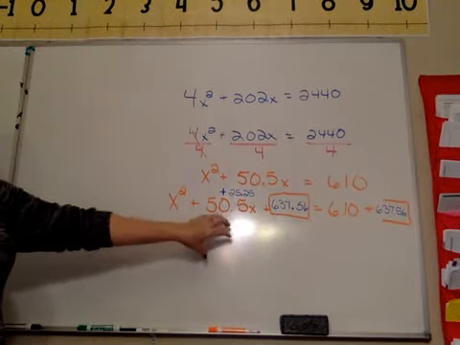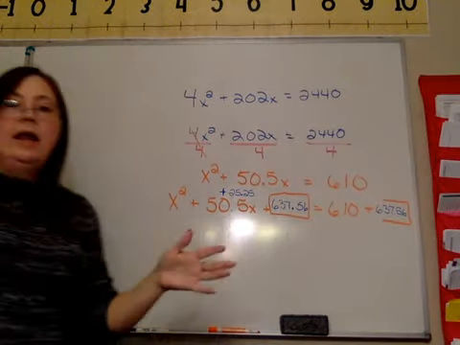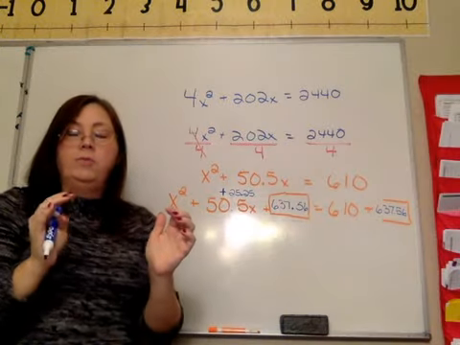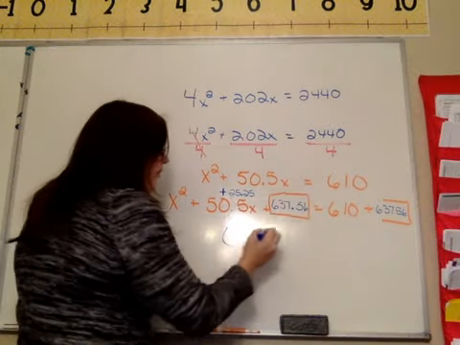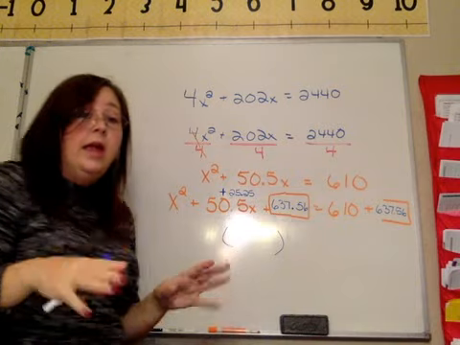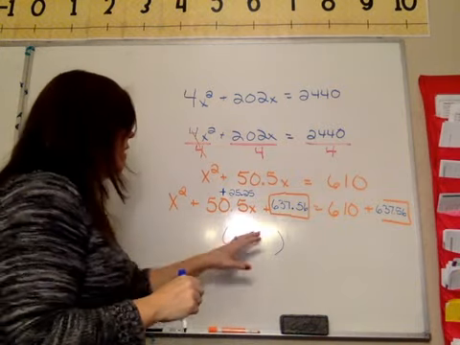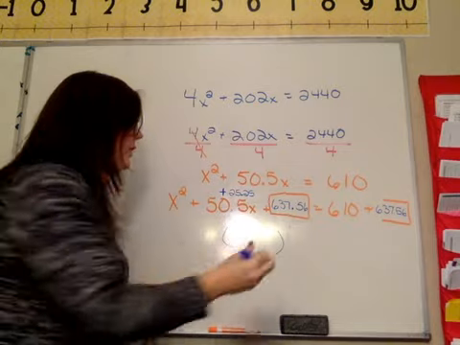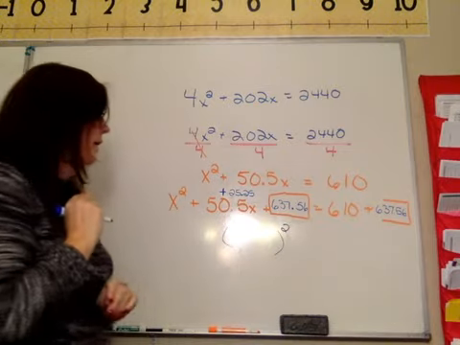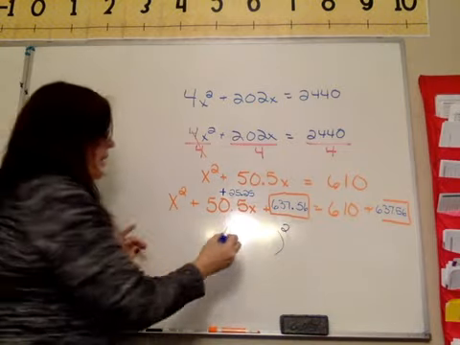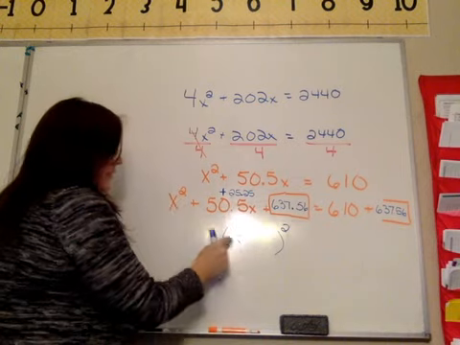Now, the second part of that was we were going to set up our parentheses. Remember, we don't have to write it down twice. We can, and it might sometimes help you to write it down twice. But we also have the option of writing it one time and squaring it. So this is what it looks like. What goes in here is our x, because x times x gives us x squared.